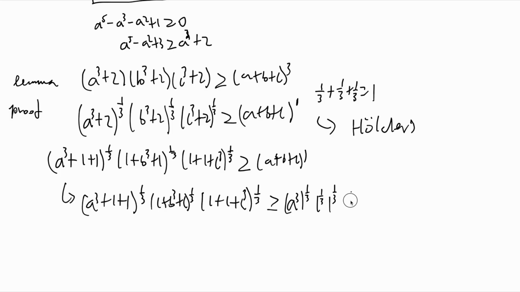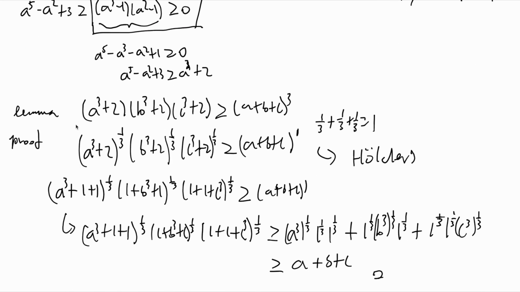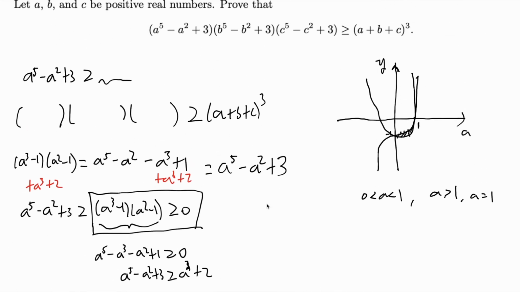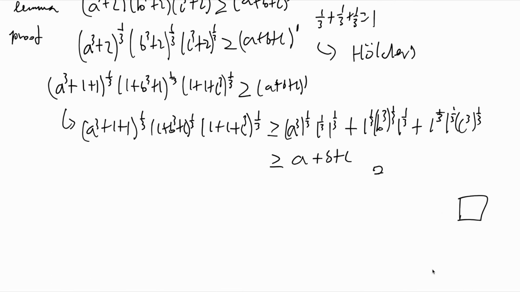And then plus, we do the same thing: b cubed to the power of 1 over 3, and 1 to the power of 1 over 3. And it's the same for c. And we can notice that this is the same as a plus b plus c. Therefore, we proved our lemma. And by proving our lemma, we know that our inequality above is also proven. And therefore, we completed our proof.